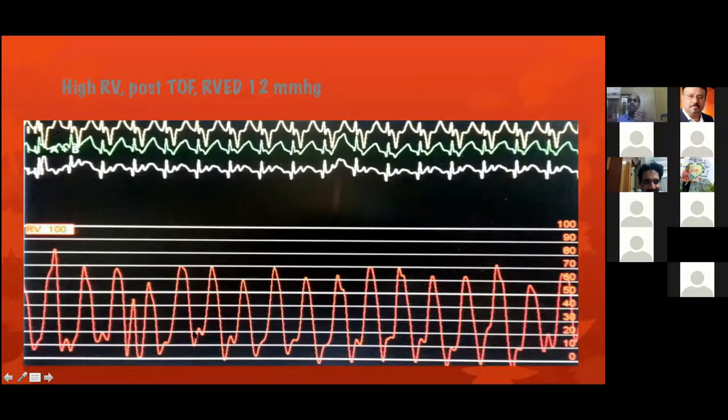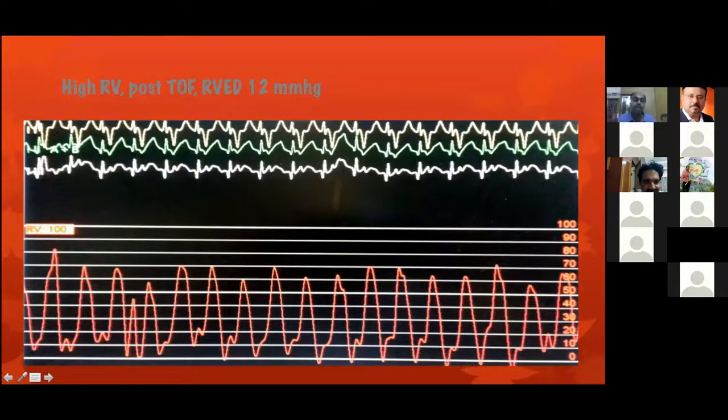So what is the pathology? The right ventricular dysfunction has started because of the pulmonary regurgitation. In early phases, with increasing pulmonary regurgitation, there will be only a mild increase of the pulmonary artery systolic pressure and mild increase of the RV systolic pressure. But as the RV dysfunction sets in, end diastolic pressure will start going up. So the end diastolic pressure elevation is leading to RV EDP going to 20 millimeters of mercury.